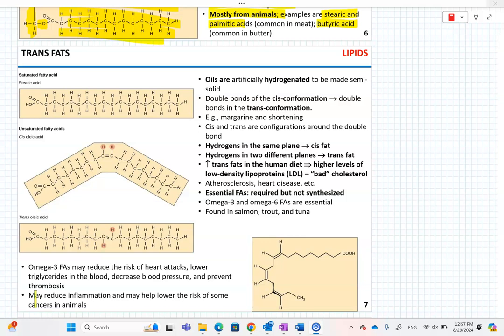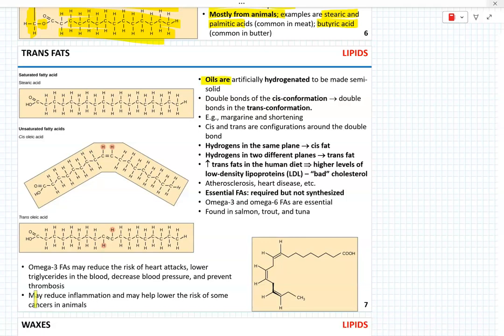Those are trans fats. Plant oils, plant triglycerides that we call oils, are much cheaper and easier to obtain. These oils can be hydrogenated, in other words, hydrogen can be bubbled through them, to convert them to saturated fats, semi-solid fats, such as margarine or vegetable shortening.